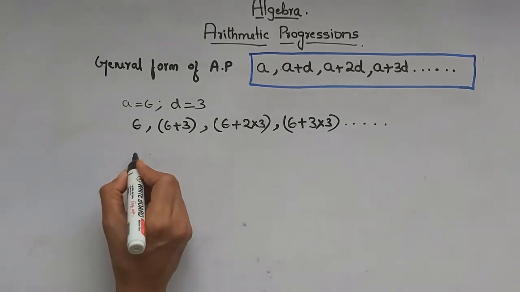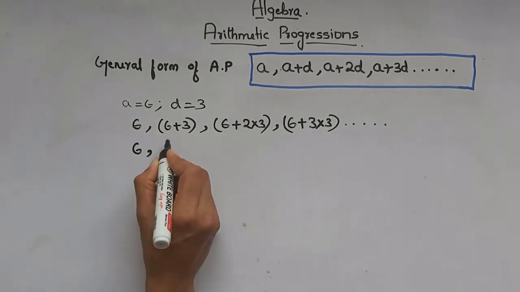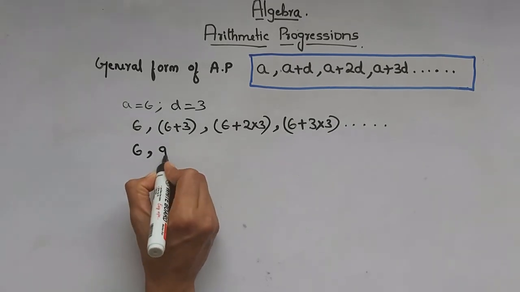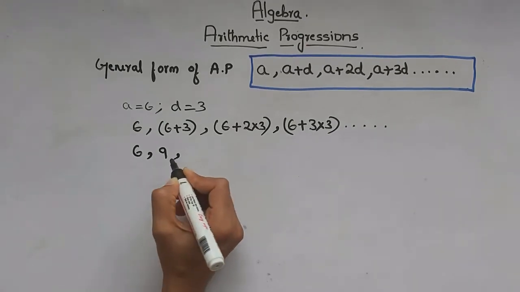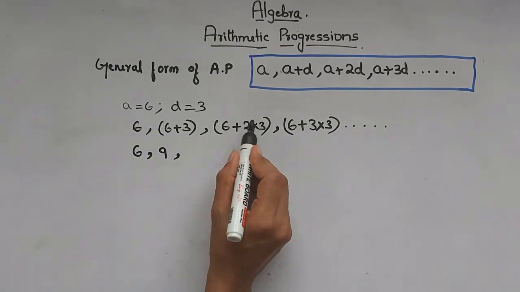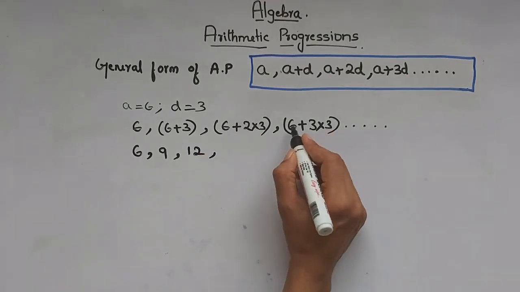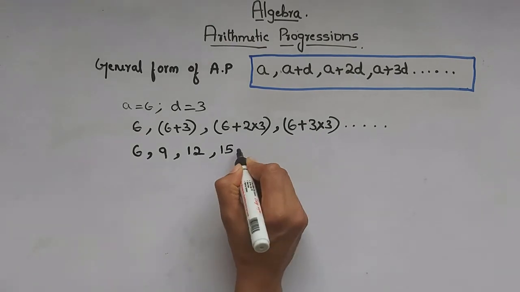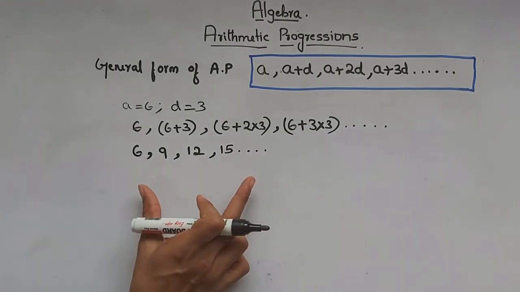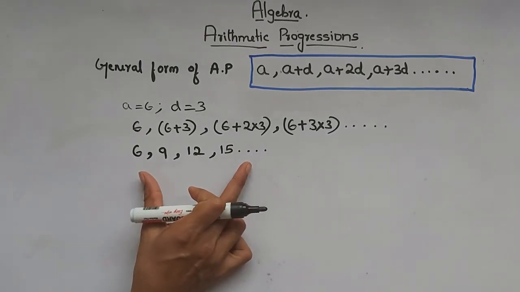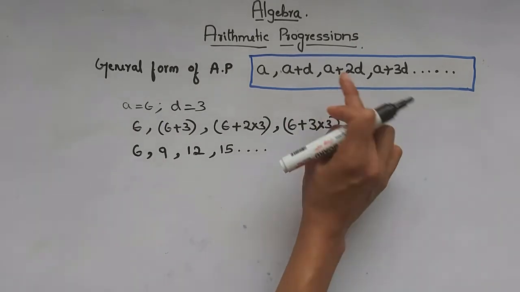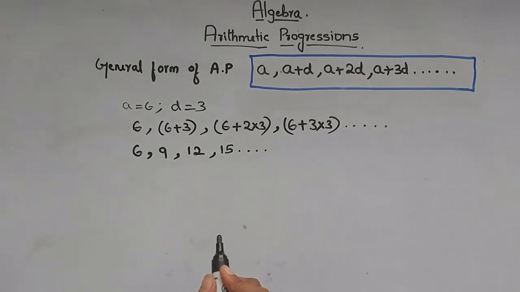So your arithmetic progression will be 6, 6 plus 3 is 9, 3 2s are 6, 6 plus 6 is 12, 3 3s are 9, 9 plus 6 is 15 and so on. So therefore the arithmetic progression can be written by using this formula. So we will see this in the example.